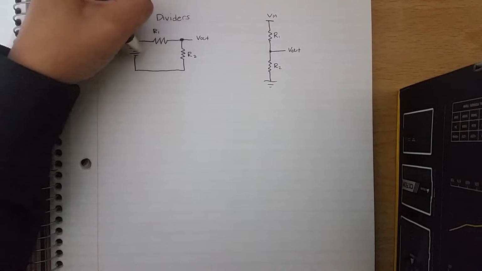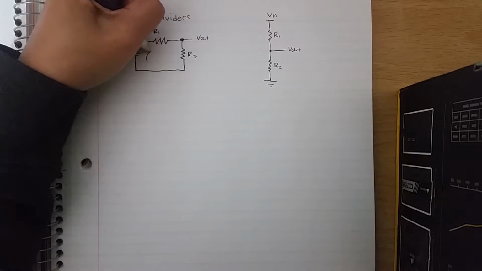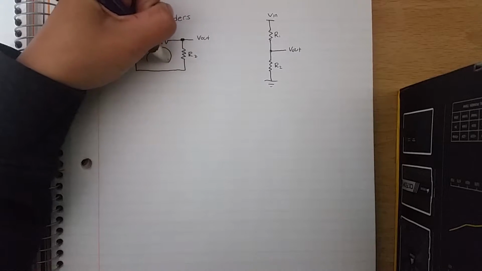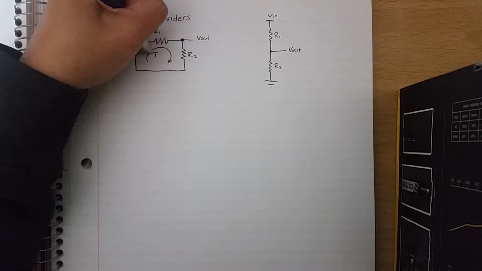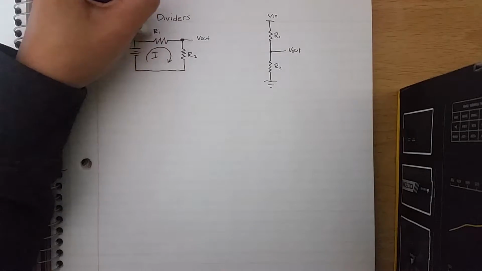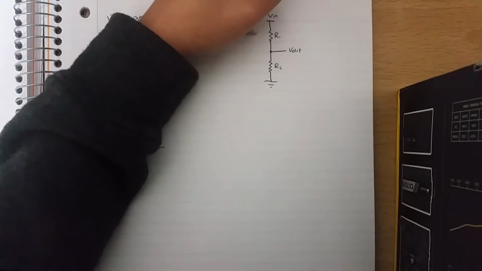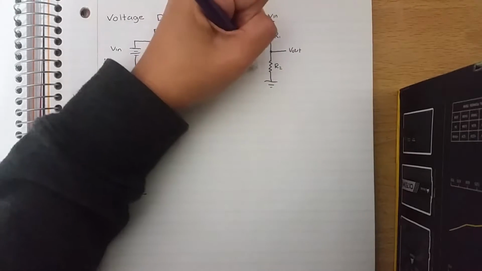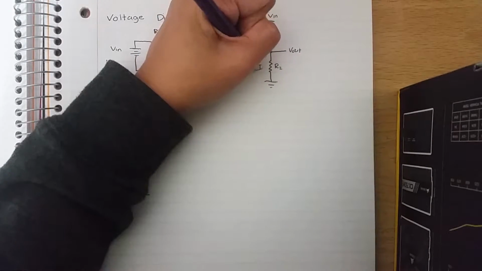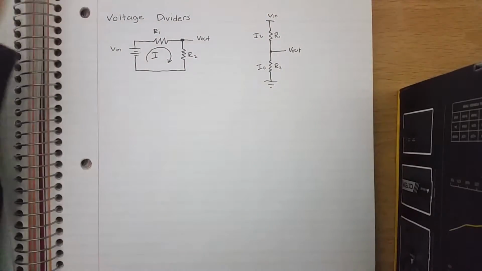Also, this is a series circuit, so the current in the loop is the same, it's constant. So the current here is the same, and the current over here is the same.